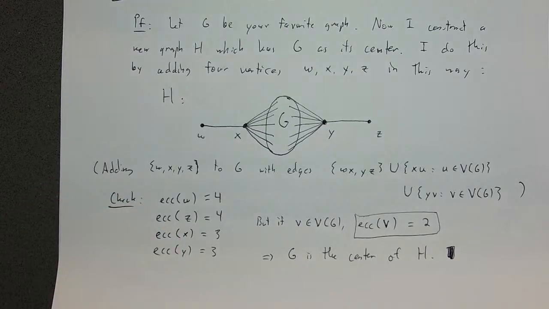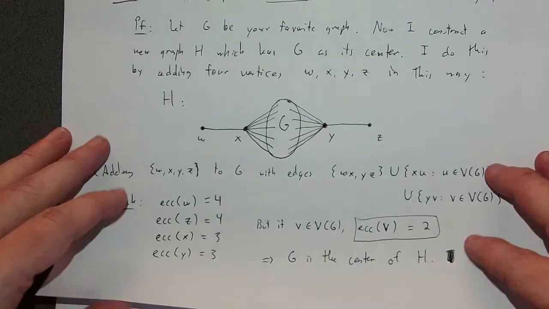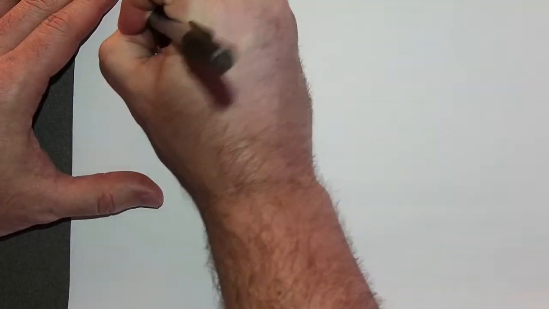There's another theorem that I'm not going to prove. I will tell you where the proof is, however, which also says a similar analogous thing except for the periphery. So a graph G is isomorphic to the periphery of some graph if and only if the following.